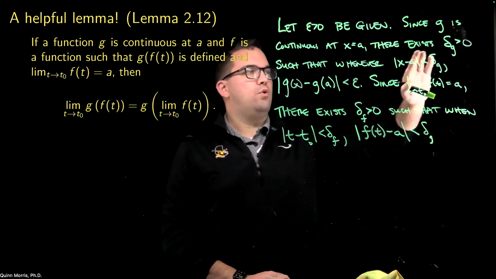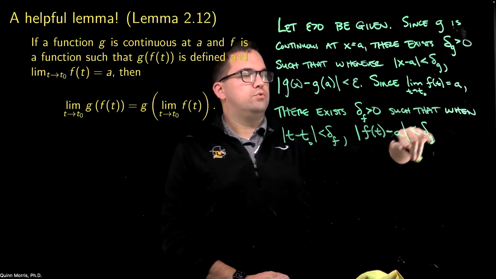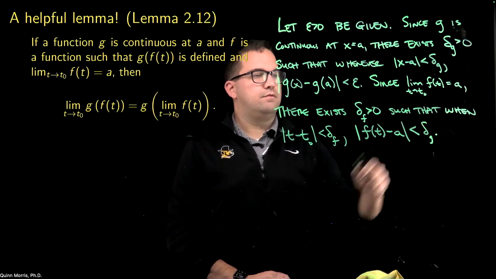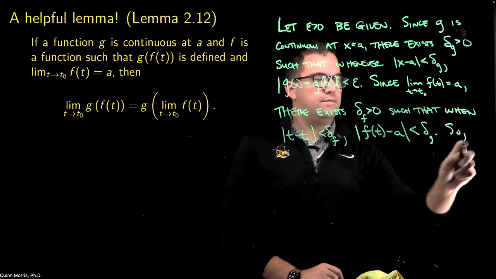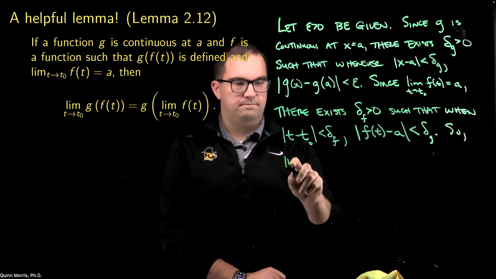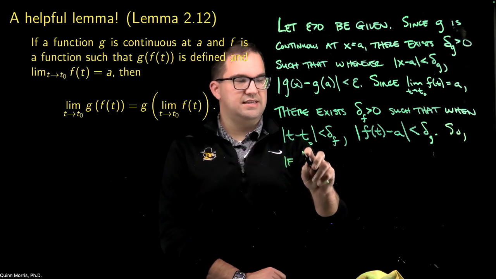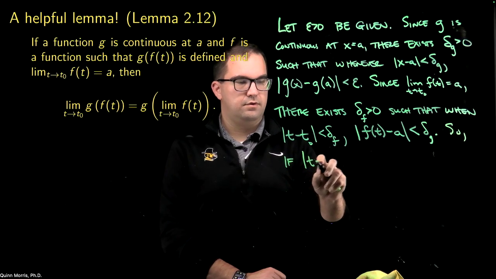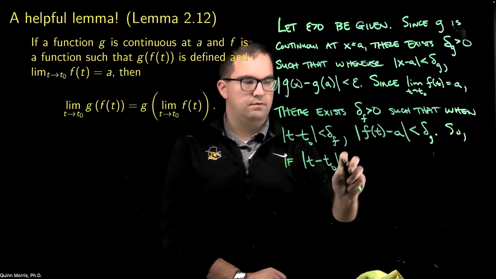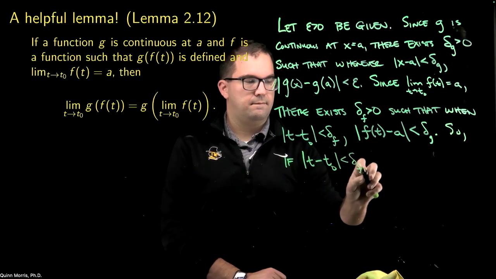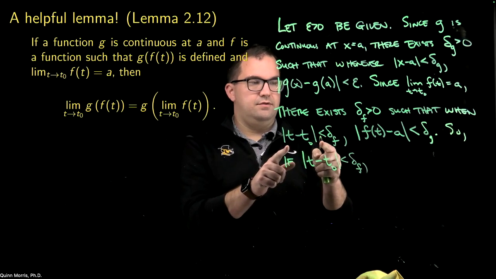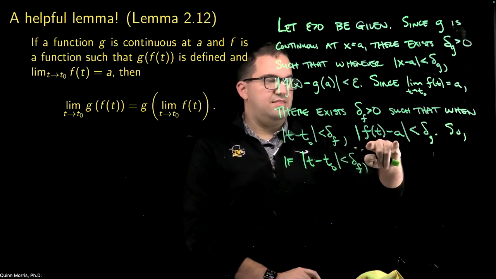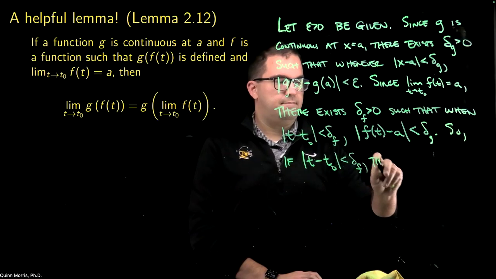Now, I'm going to substitute back in. So if I take a t value such that this is satisfied, then this will be satisfied.